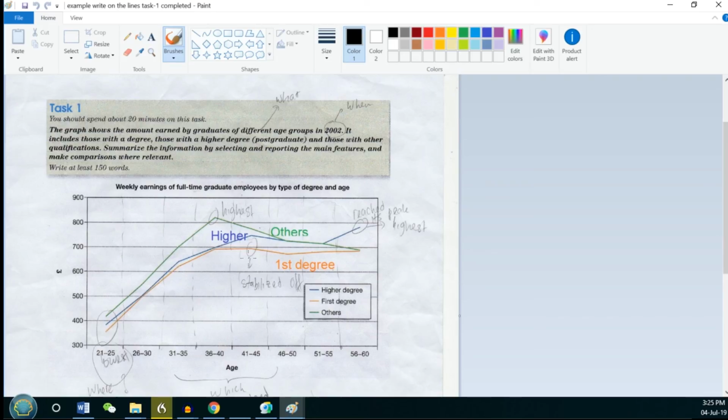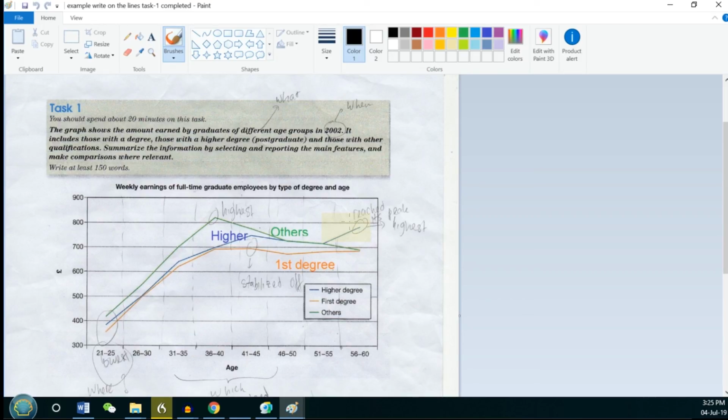Okay, and then the overall summary, in terms of what is the highest: for all of these age groups, the highest salaries were from this other category, except for the two oldest groups. And for the two oldest groups, it's not the others, it's this higher group.